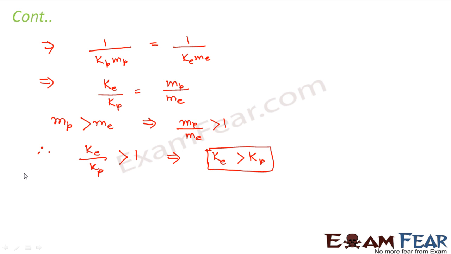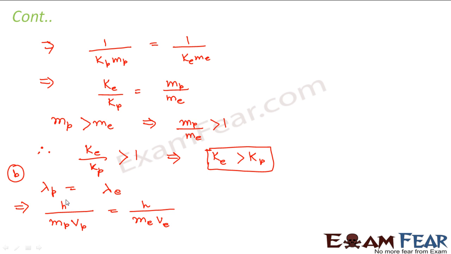Now the question is, which will have a greater velocity? Now for the second part, again we know that lambda P, that is the wavelength of proton, is equal to the wavelength of electron. So from this we can write H divided by MP into VP is equal to H divided by ME into VE. So this H will get cancelled.